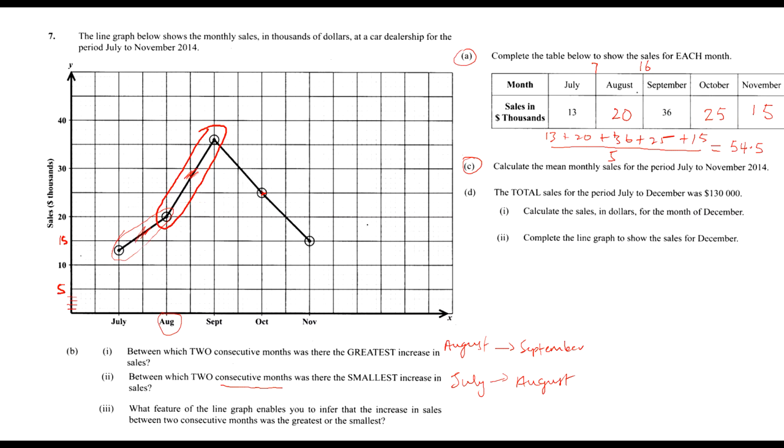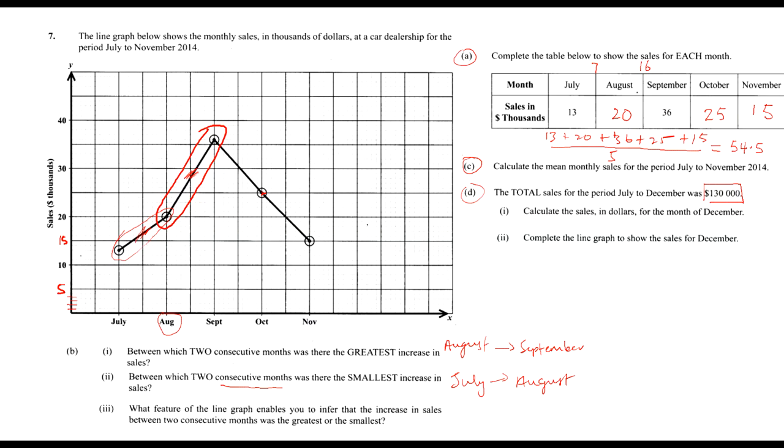Now, okay, in part D now, they said the total sales for the period July to December is 130,000, right?